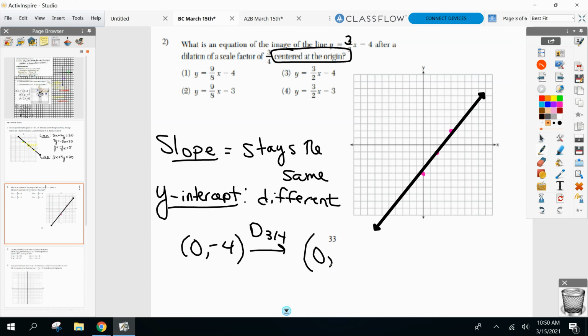I just got to figure out -4 times 3/4. And that'll end up being -3. So there's your new y-intercept, 0, -3. So put the two together, the slope stayed the same, and my y-intercept is -3, leads me to choice number 4.